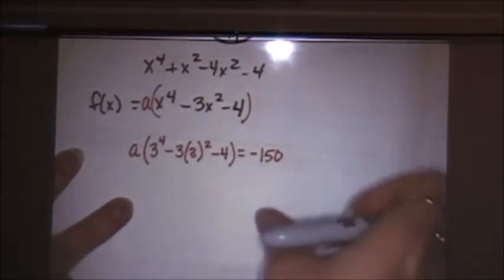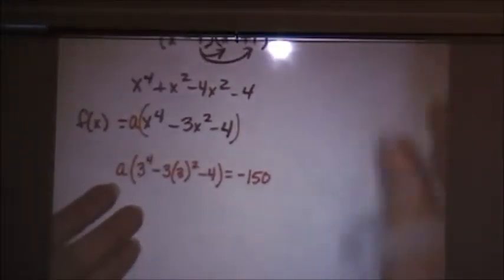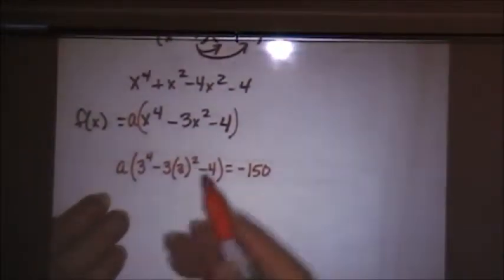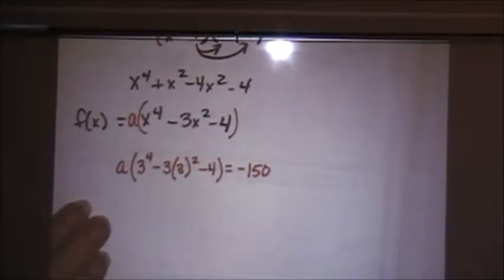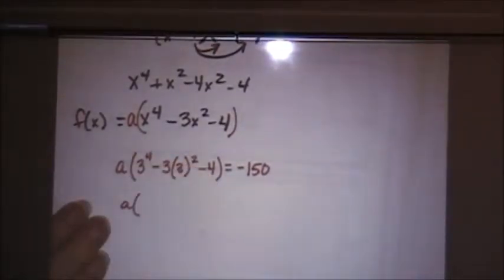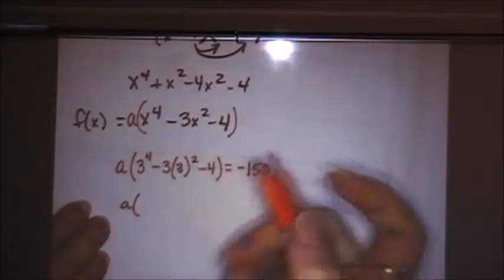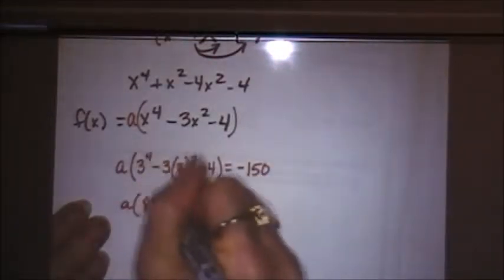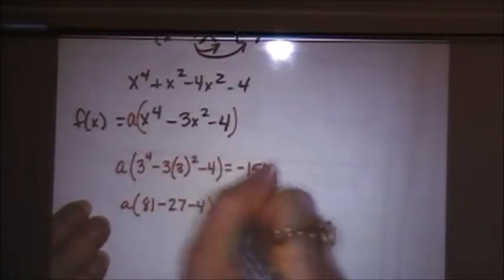You see what I'm doing? I'm taking the x value they gave me of 3, and I'm plugging it into my equation. What I'm trying to find here is what my coefficient should be. So now I can just calculate this. I get 81 minus 27 minus 4.